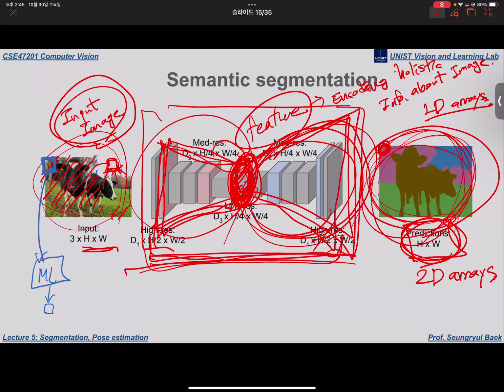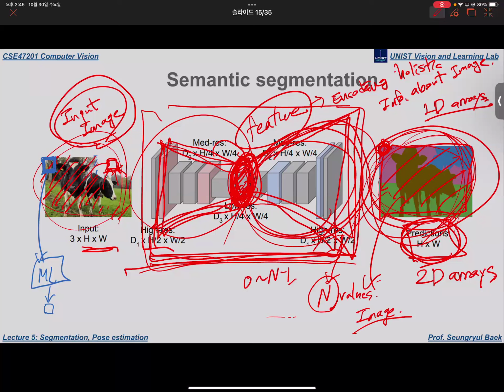The next thing we might think of is generating images rather than this kind of semantic segmentation map. This map can have n values, maybe 0 to n minus 1, and each integer value denotes some class. 0 may indicate cow, 1 will indicate grass, and n minus 1 will indicate maybe sky.